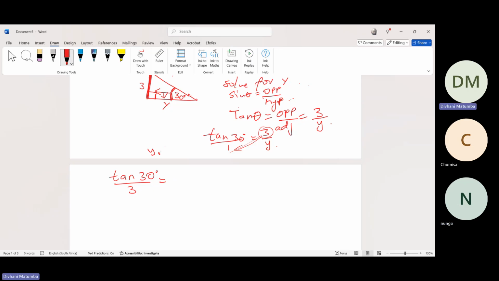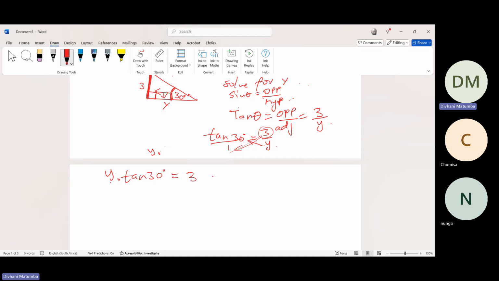The best way to cross multiply, let me rub off whatever we have here. If you cross multiply, it will be y times tan 30, which is y multiplied by tan 30, equals 1 times 3, which is 3.